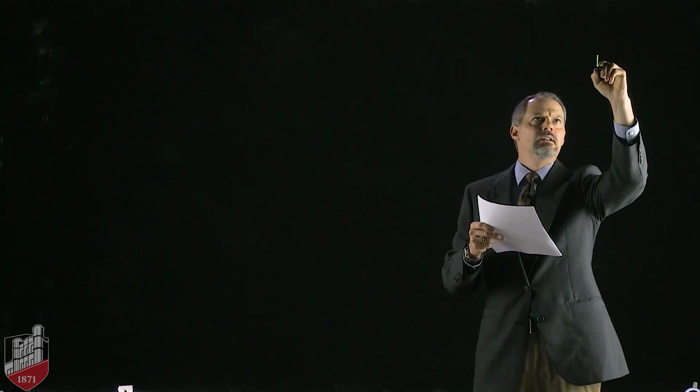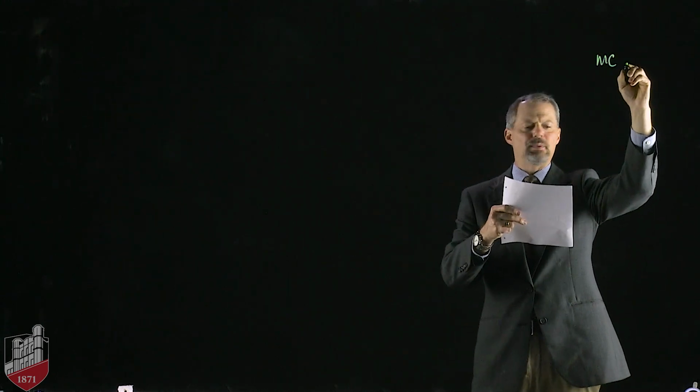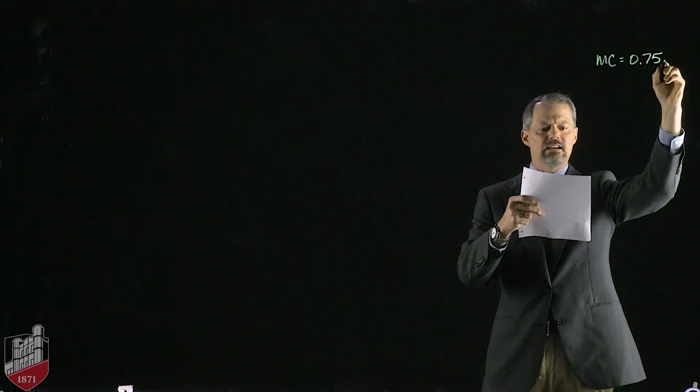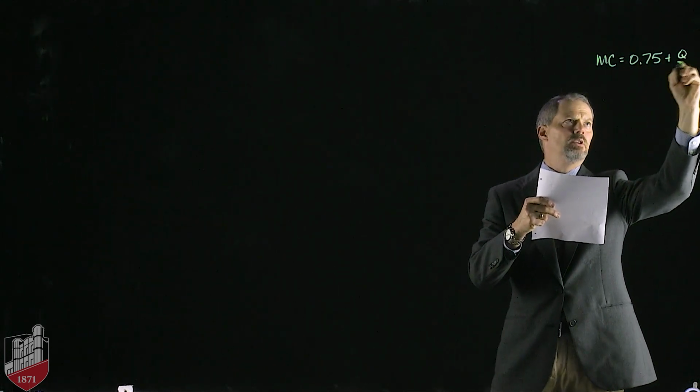You just have to keep in mind that there's a little extra twist to it. So what we're going to do is assume that all of the output is produced in the same facility, let's say. And our marginal cost now, let's have it be upward sloping. Let's say that marginal cost is equal to 0.75 plus Q over 2.